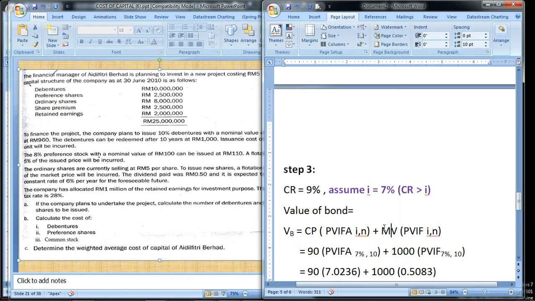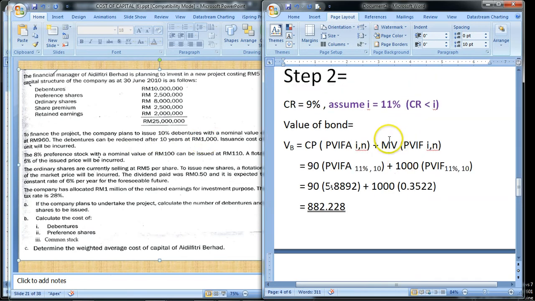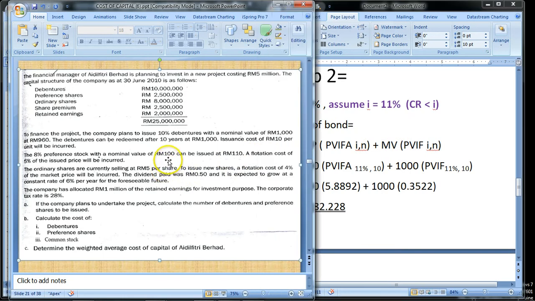If the question did not give you any maturity value, you use par value. However, if the question gives you the redeem value, it is considered as the maturity value, so use it. If the question says the debentures can be redeemed after 10 years at 1,005, so the redeem value is 1,005, you put it as 1,005.